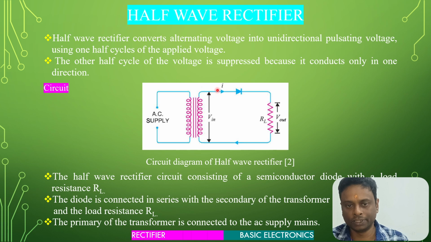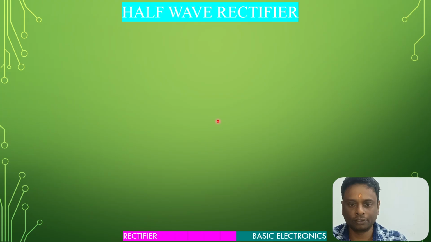It is stepping down the AC voltage. The primary of the transformer is connected to the AC power supply, and the secondary of this transformer is connected to the diode in series. So this is the circuit diagram.